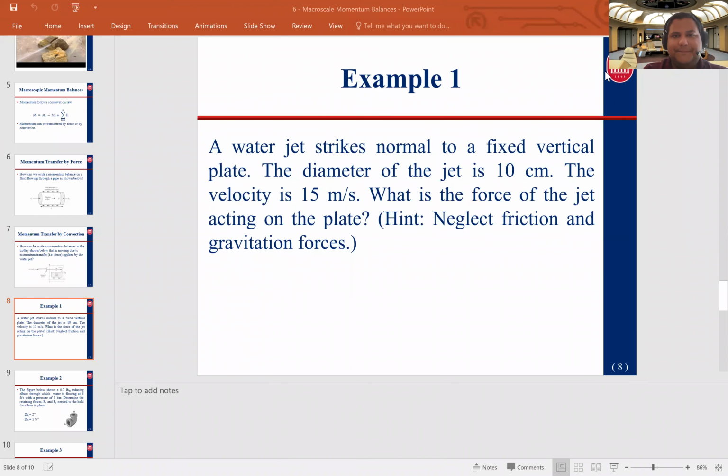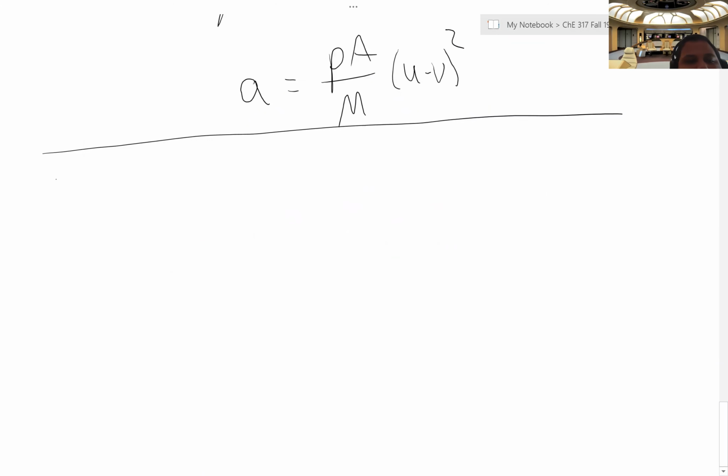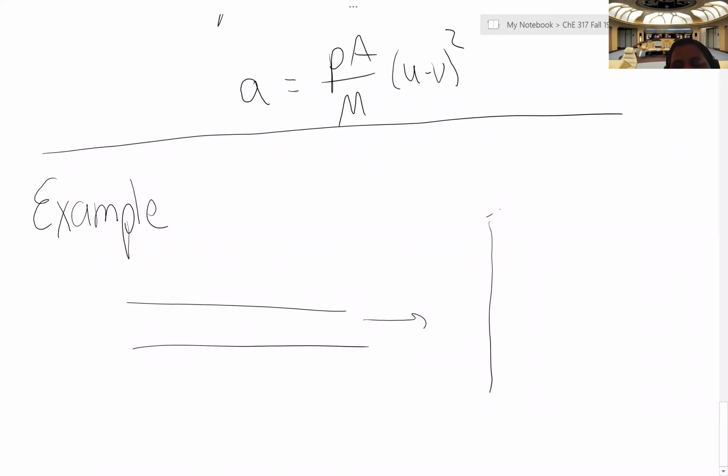All right. So we're looking at here, it's just water striking a vertical plate.